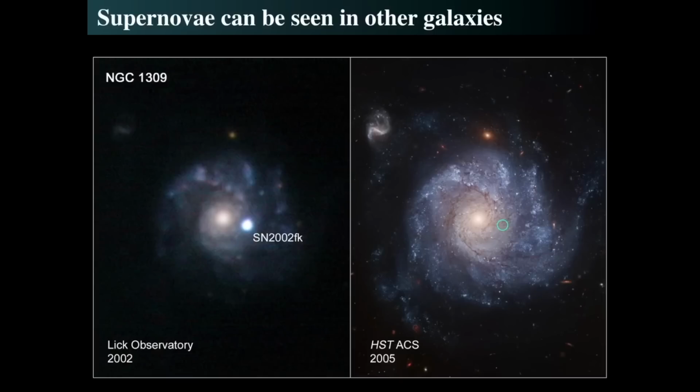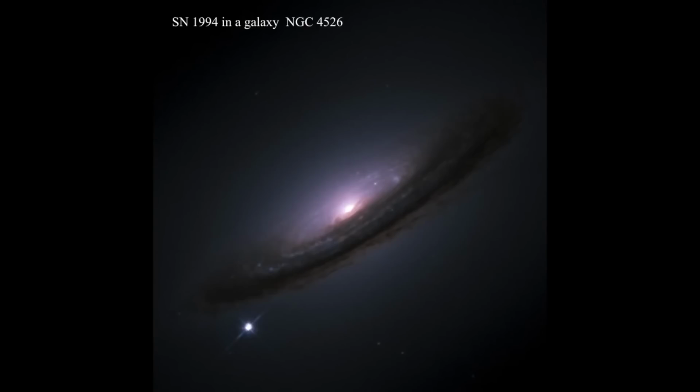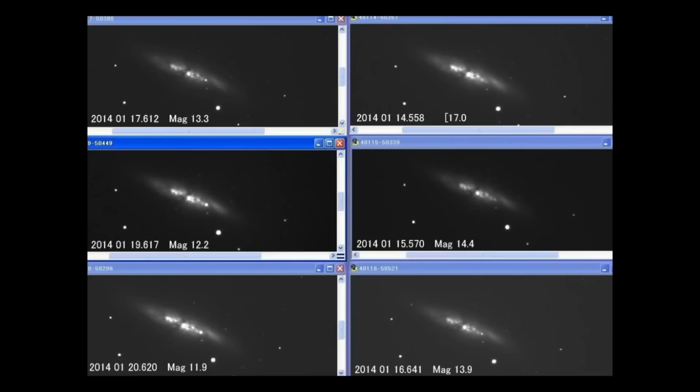And here's another example of one that happened in 2002 in the galaxy NGC 1309. And here's one that happened in the Whirlpool Galaxy in 2005. There's another one in 1994. And here's one that happened in January of 2014. I actually saw this with my own telescope.